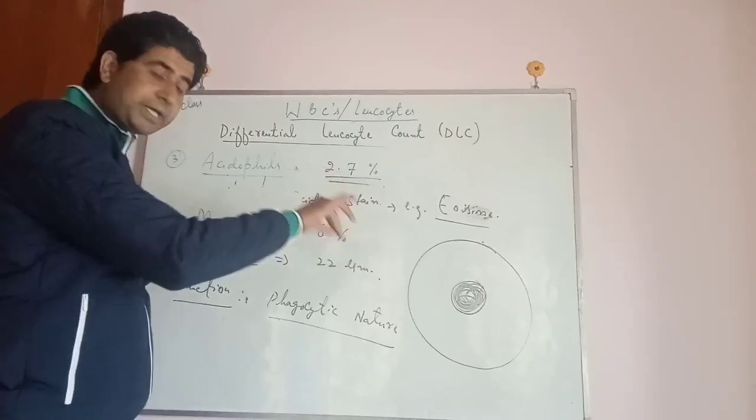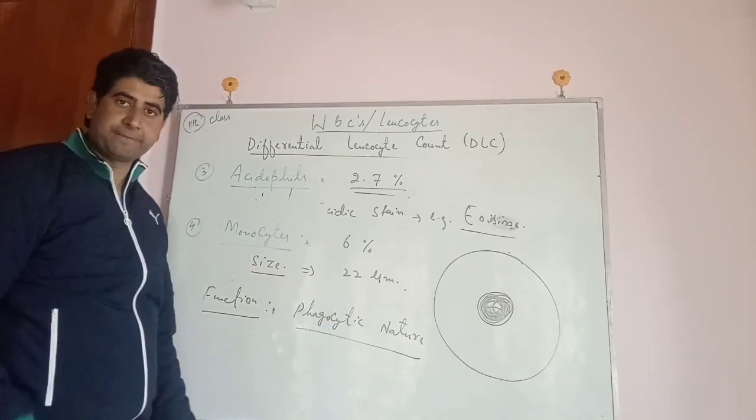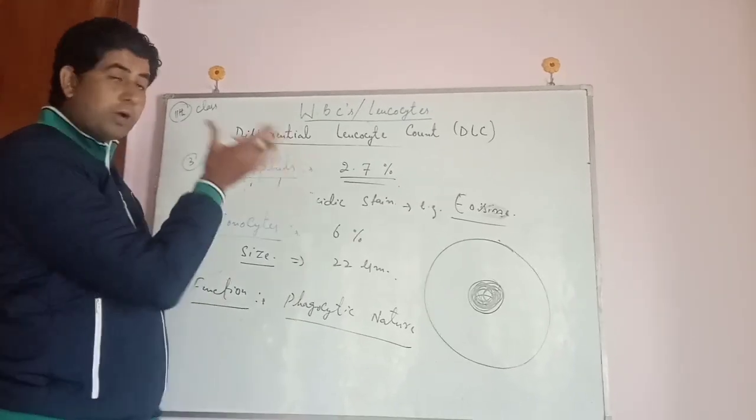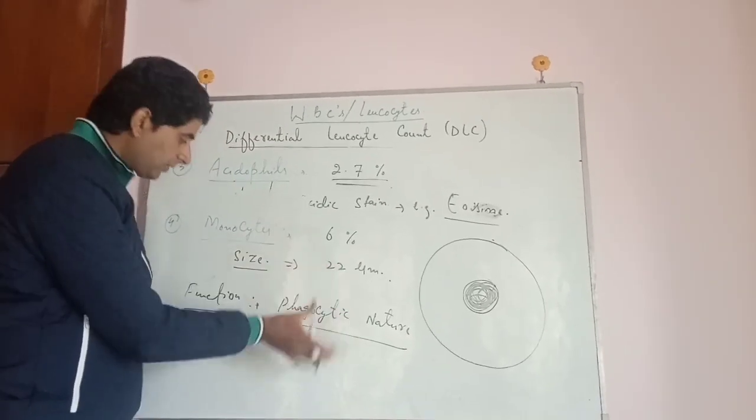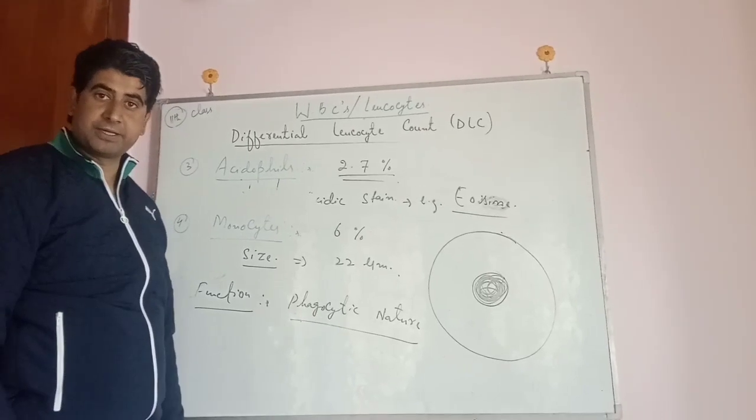वो भी phagocytes होते हैं और ये भी phagocytic होते हैं, but वो granulocytes पे belong करते हैं, ये agranulocytes पे belong करते हैं.